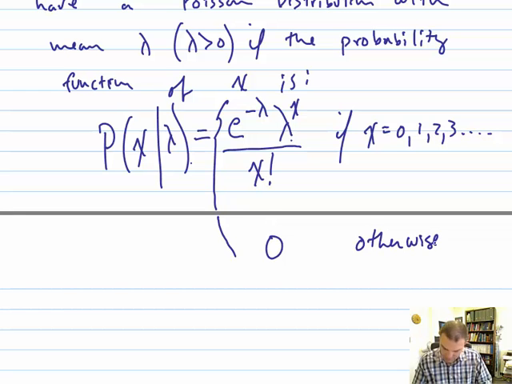So this distribution says that the probability can be given by this value here, calculated according to this formula here, when the value of x is an integer and non-negative. If the value is anything other than a non-negative integer, the probability of that occurring is 0. So this is the only situation when this might occur.